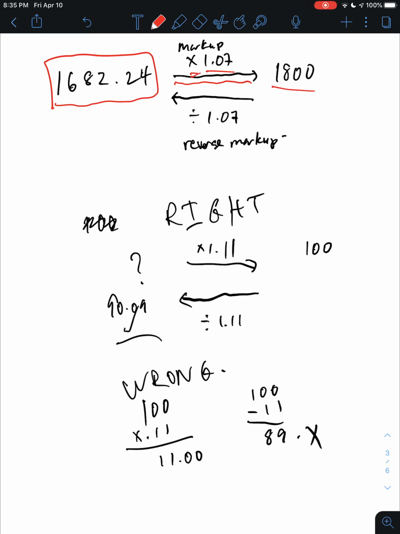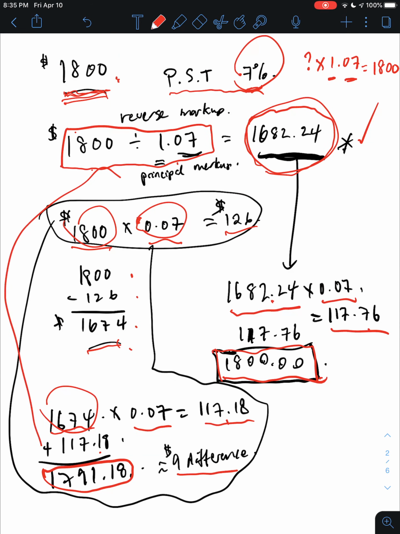So instead of multiplying by 1.07 to go forward, I have to divide by 1.07. If this is a markup, this process we call reverse markup. What happened with the other method is that instead of doing a reverse markup, this is a markdown.